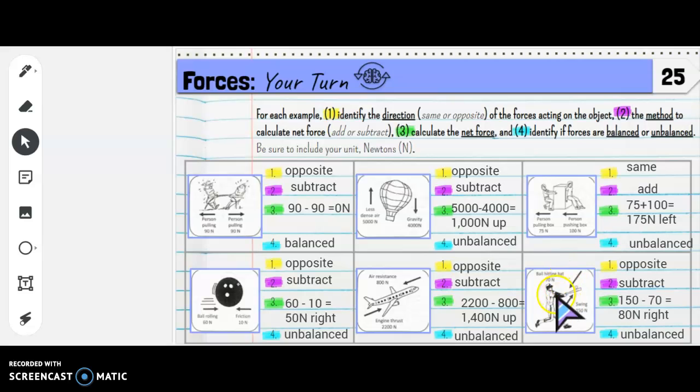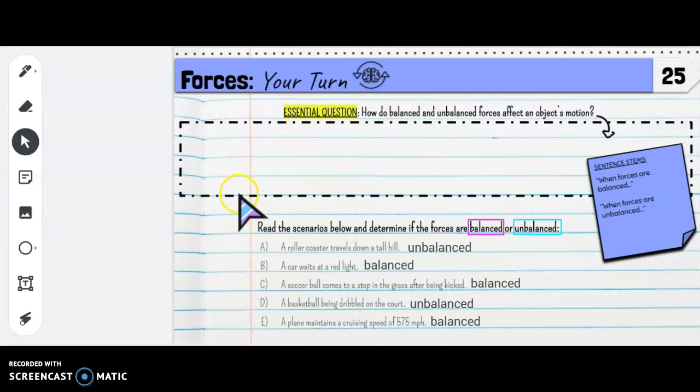For the last one, with the baseball, the arrows again are going in the opposite direction, so we would subtract. We have 150 newtons from the swing minus 70 newtons from the ball hitting the bat, which means the ball would travel 80 newtons to the right. Since again it's not 0, that means the forces are unbalanced. Take a minute to come back to answer your essential questions if you haven't already. And again, remember to use the sentence stems.